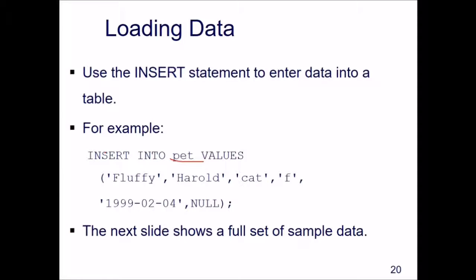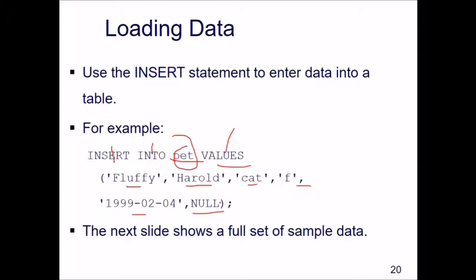So what you can do is insert into the name of the table, values. These are the keywords. These capital words are the keywords. Now you can add Fluffy, Harold, cat, F, and a date and null. So whatever fields you have chosen while creating the table, you have to give.